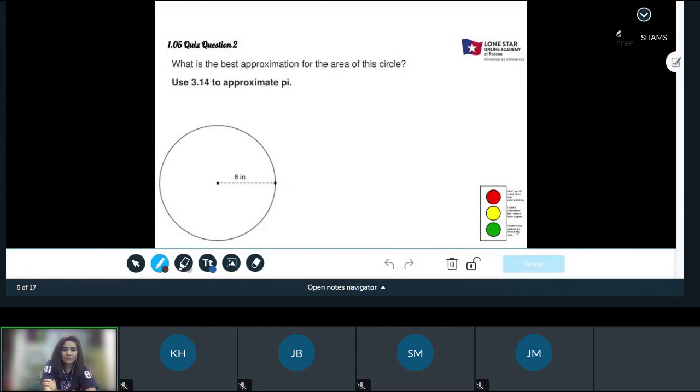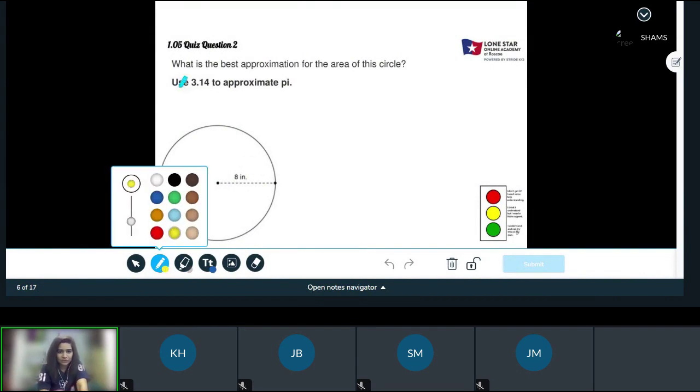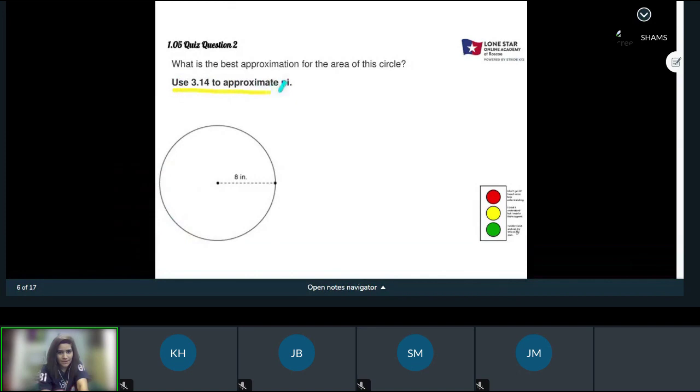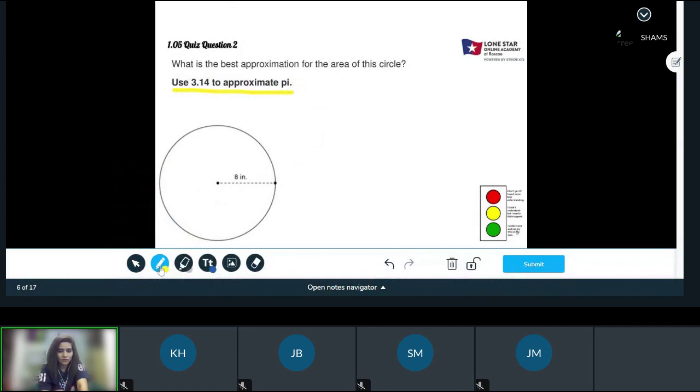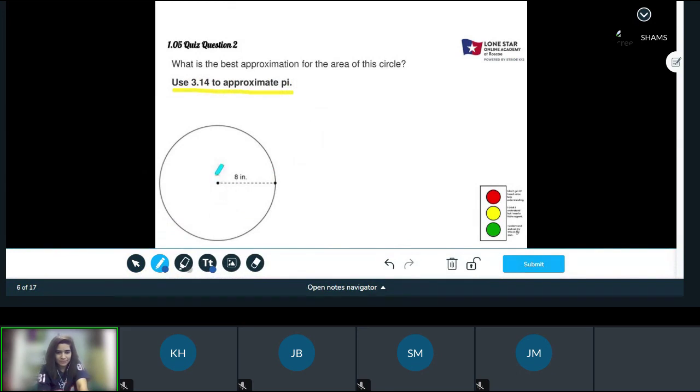What is the best approximation for the area of this circle? You want to find area. You know you want to use 3.14 for pi. The question also gives you the radius.